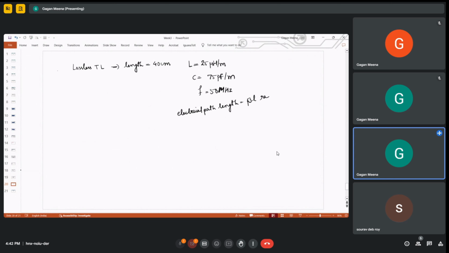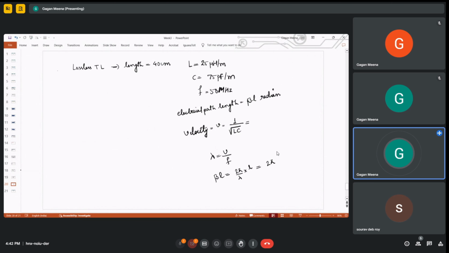So the electrical path length is beta into L radians, and velocity, we know, is v equal to 1 by root LC. We can find this using the L and C values, and then lambda is v divided by f. So beta L comes out to be 2 pi by lambda into L. The length we know is 40 centimeters.